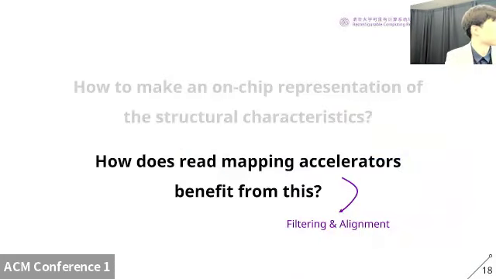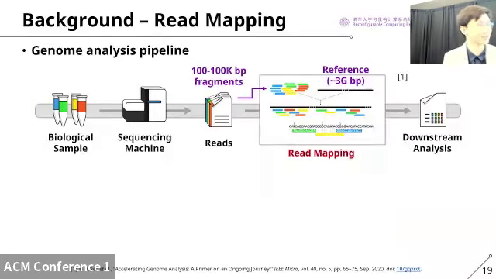And the second question is, how do read mapping accelerators benefit from this? I won't delve into more details about read mapping, but in read mapping, it's essentially something like this. If you want to do some DNA or genome analysis, you need to first prepare your biological samples and put them into a sequencing machine.